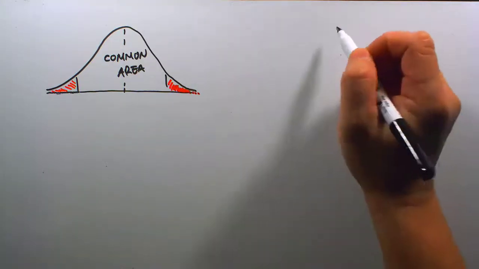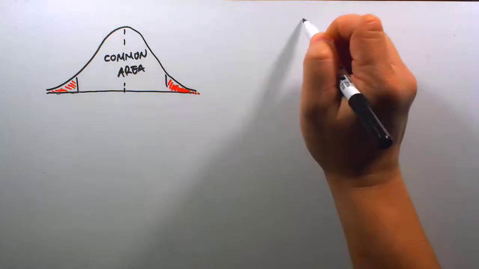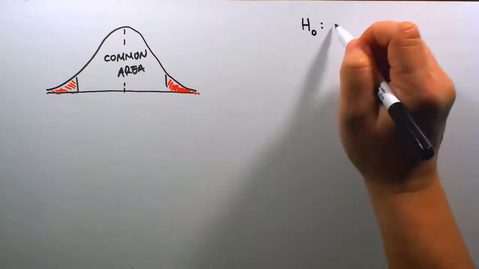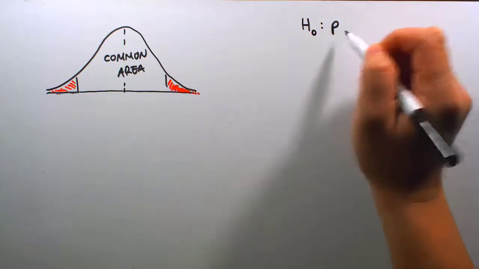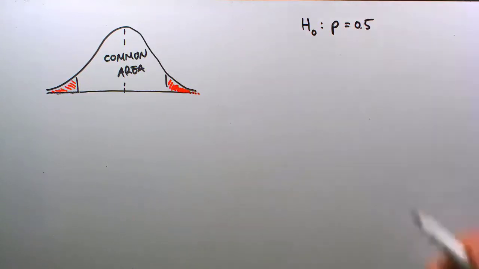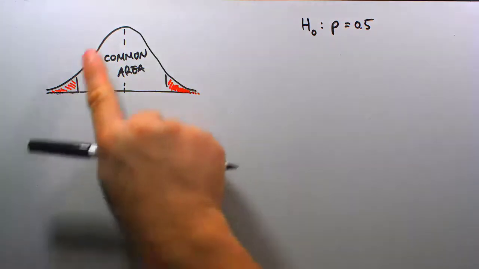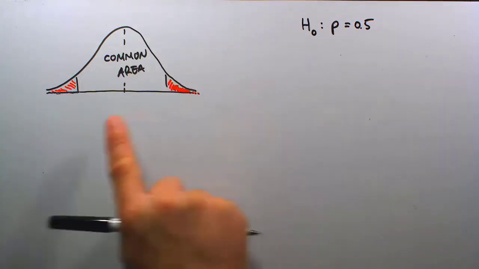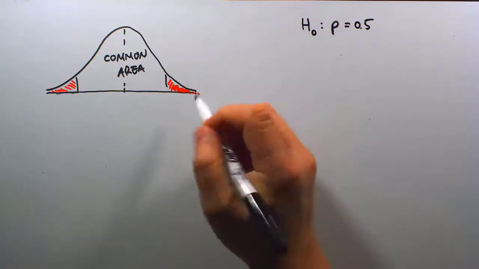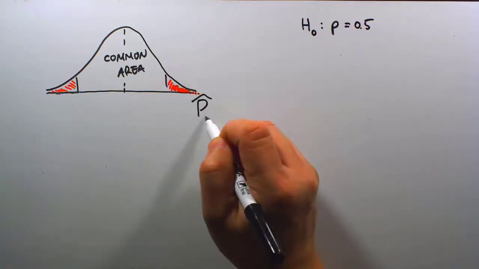And so now, looking at our null hypothesis, where the statement was saying that the proportion of iPhone users equals 0.5, and further looking at this bell curve representing the distribution of all sample proportion values at size 423.